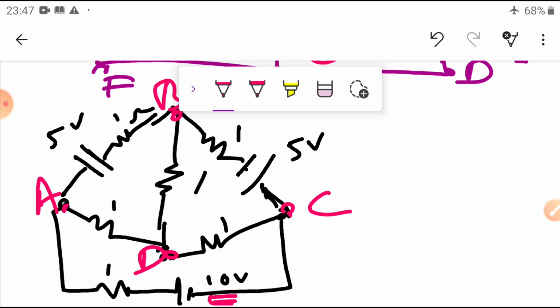For example, the current is flowing in this direction, and entering in this direction. At node A, here you can see the currents. A is entering, branch AB is flowing this direction, and AD is current flowing this direction. Then write the equation at A.